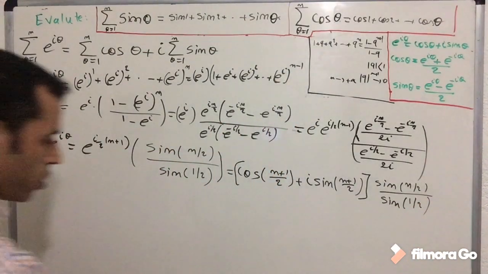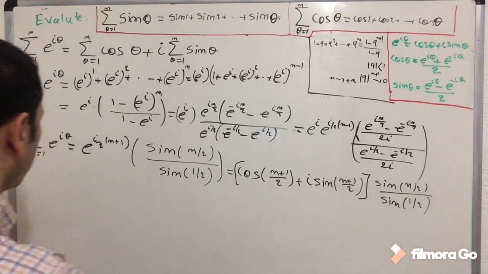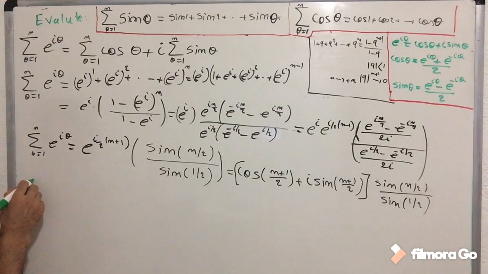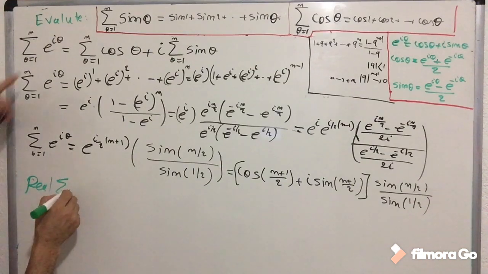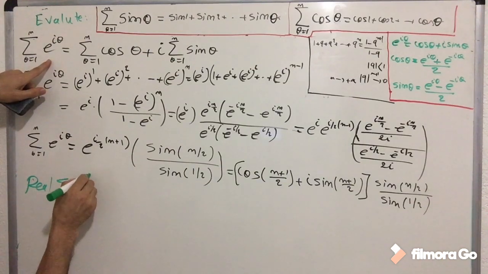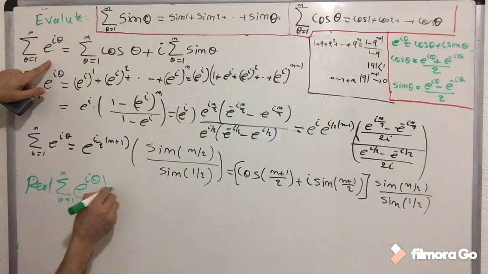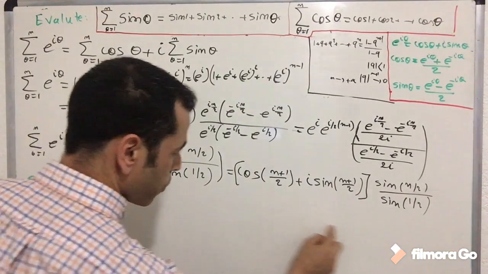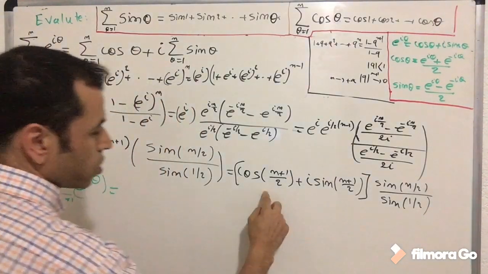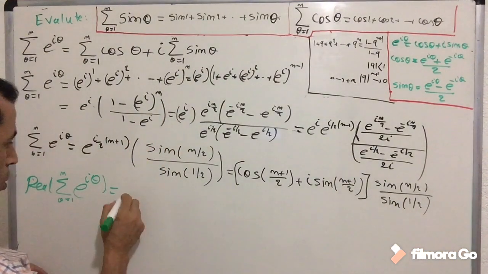I'm looking there now for the real part and imaginary part. Okay, the real part of what? Of this sum of exponential i theta, theta from 1 to n, equals what? Real part equals this one. This one multiplied by this one, of course, because this depends on this one.